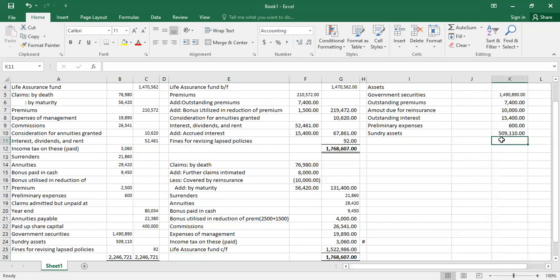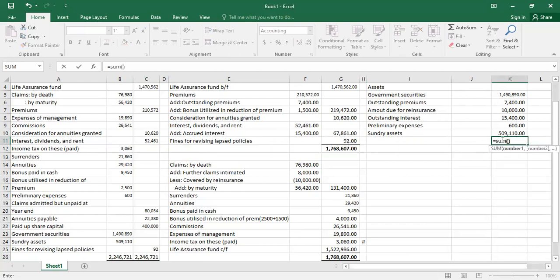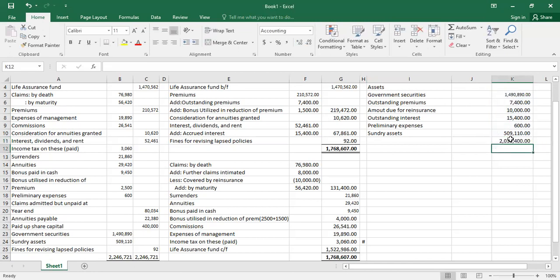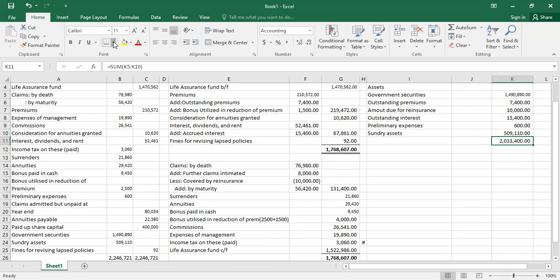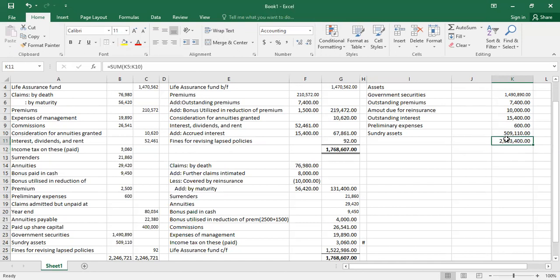I can sum them. So I'm getting 2,033,400. This should be our balancing figure. I can put it in bold.